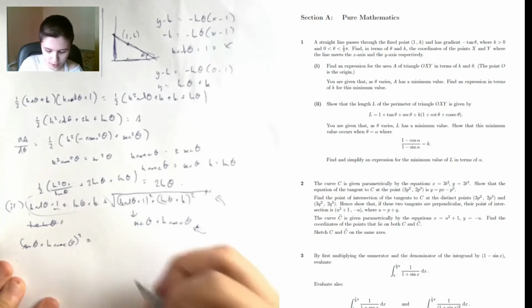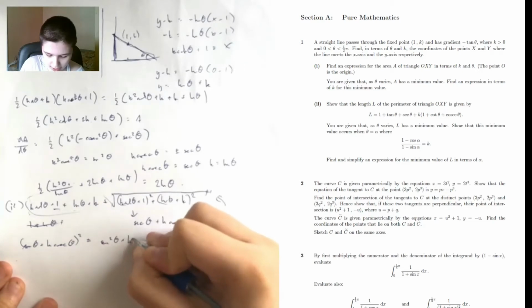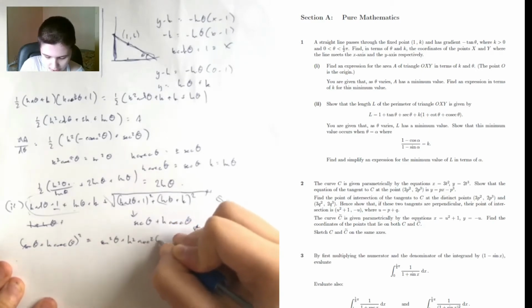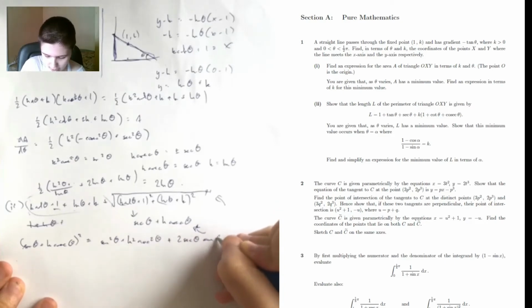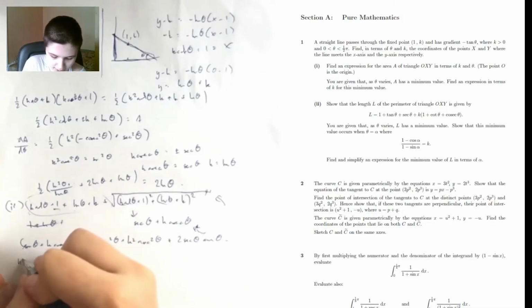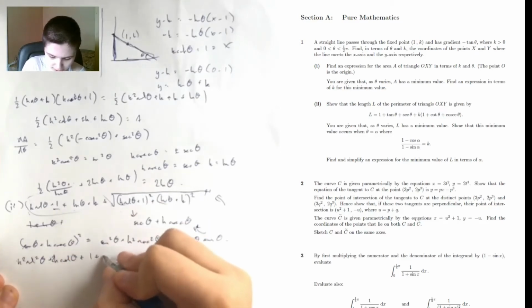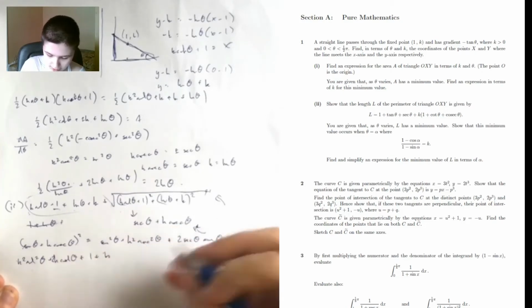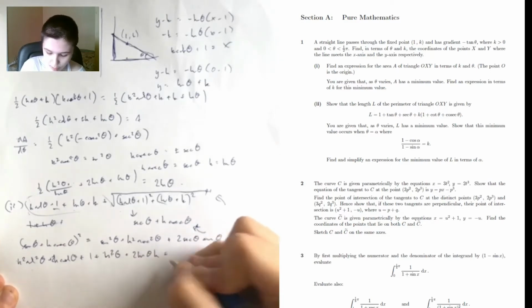(Sec theta plus k cosec theta) squared is going to be sec squared theta plus k squared cosec squared theta plus 2k sec theta cosec theta, and the thing under the square root is going to be k squared cot squared theta plus 2k cot theta plus 1 plus tan squared theta plus 2 tan theta k plus k squared.